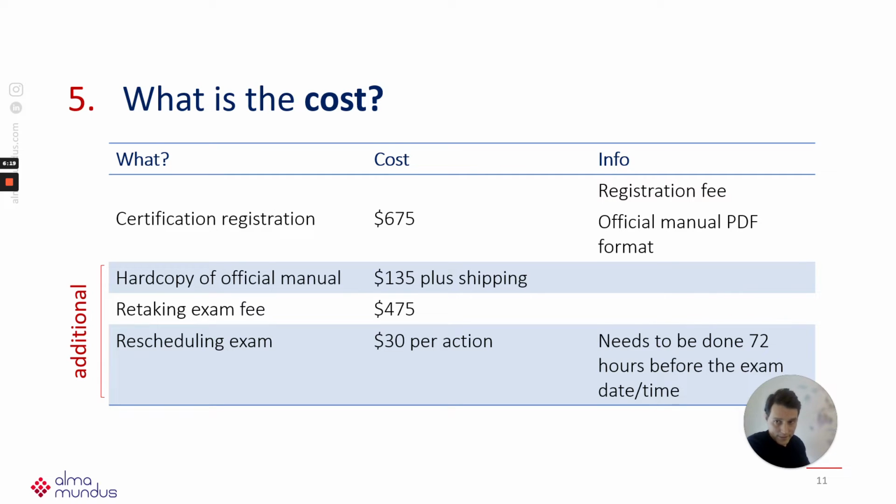If you need to retake your exam for some reason, you will need to spend $475. To reschedule your exam, you have to spend $30, but you need to do this 72 hours before the exam date. These are the costs associated with the certification.